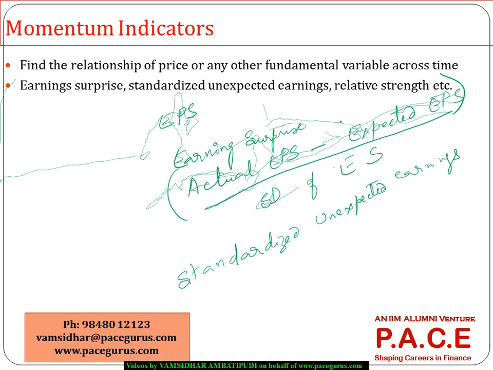So sometimes people use these kinds of momentum indicators to say whether the company's earnings are performing much better than expectations or not. These kinds of things based on the EPS or any other fundamental factor can very well be derived.